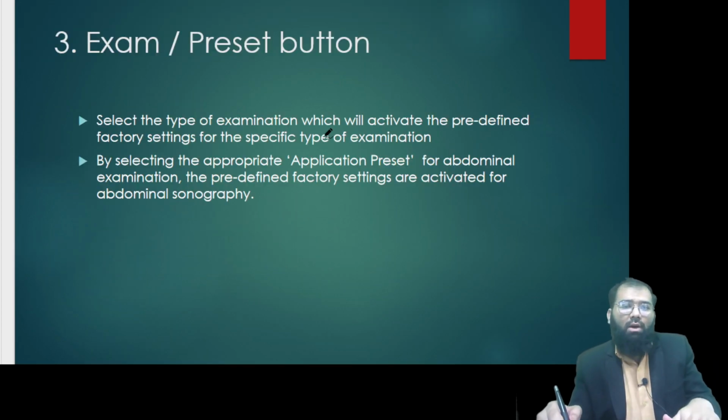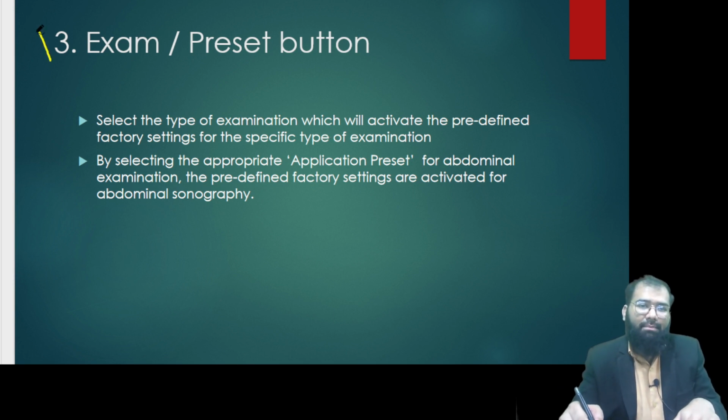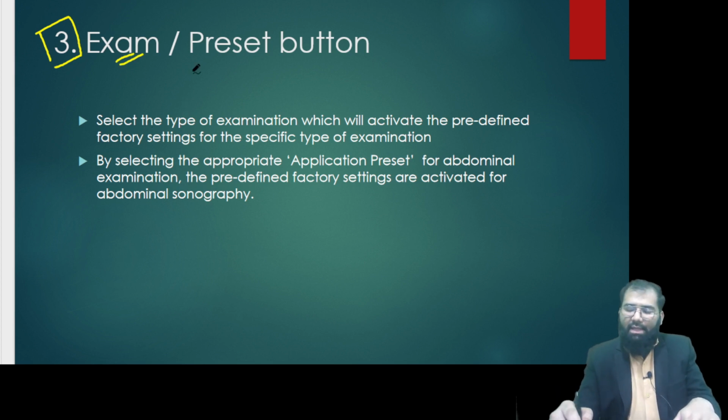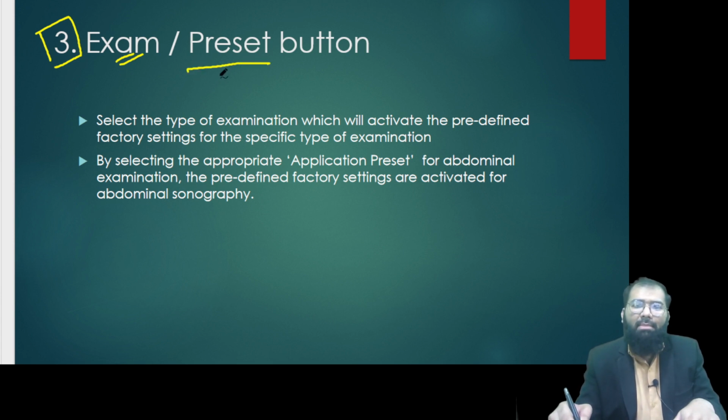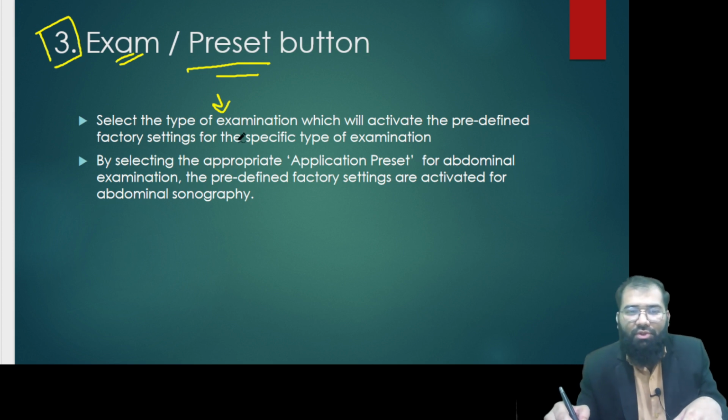Now, the next important button which we had seen is the exam button. So, now you have selected the probe. Now you will have to select what examination exactly you want to do. This is also called the preset button in some machines. So you have to select the type of examination you wish to do.